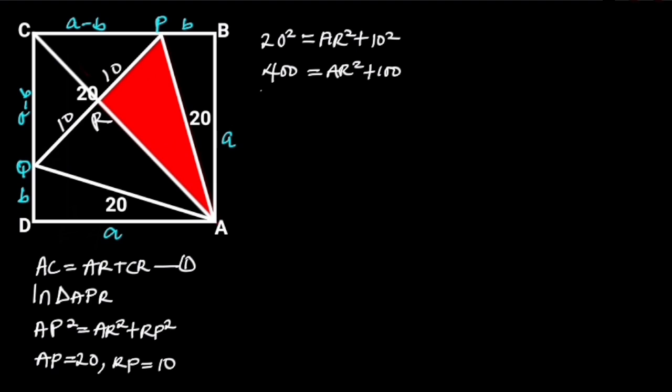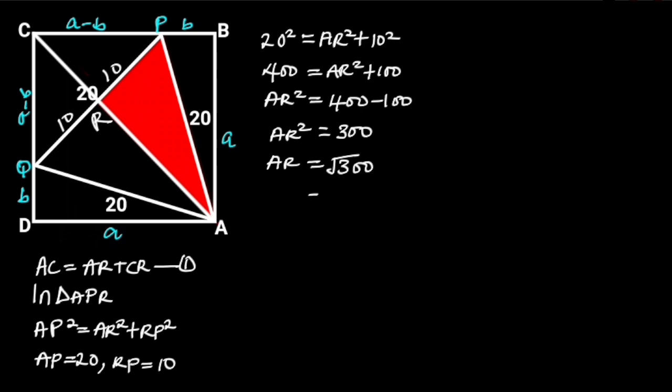If we make AR squared the subject of the formula, it follows that AR squared is equal to 400 minus 100. 400 minus 100 is 300. So, AR squared is equal to 300. Taking the square root of both sides will give us AR is equal to 10 root 3.